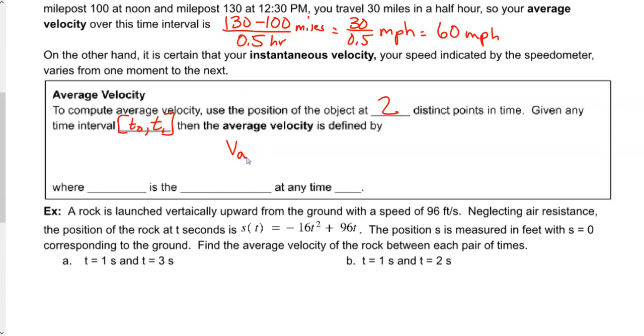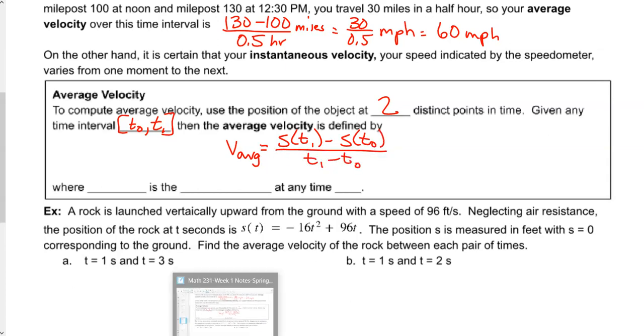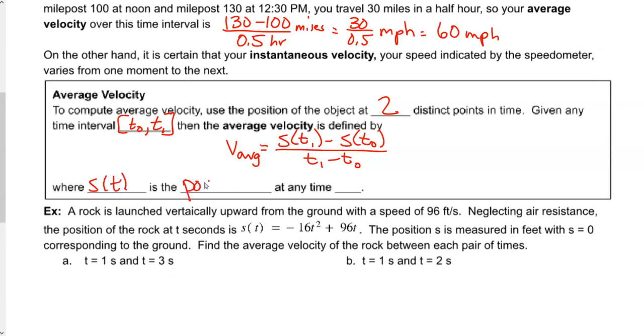So the average velocity is equal to s of t sub 1 minus s of t0 all over t sub 1 minus t0, where s of t is the position function, or the position of that object at any time t. Just like when I talked about the position of the milepost, that is what s of t is.